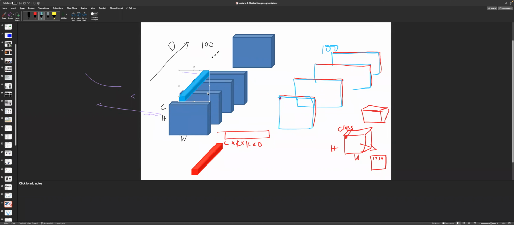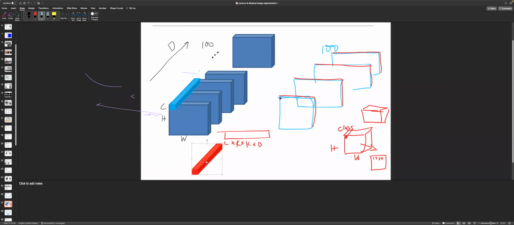Because we are operating along the slice dimension, let's consider this is another slice. Once we go through all these slices towards the end, we generate 100 feature maps, corresponding to the 100 slices. And this is just a single kernel.